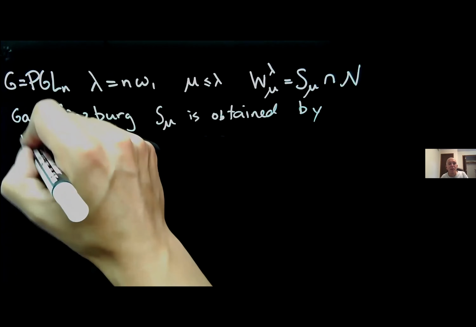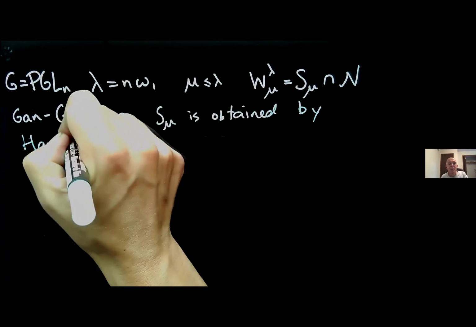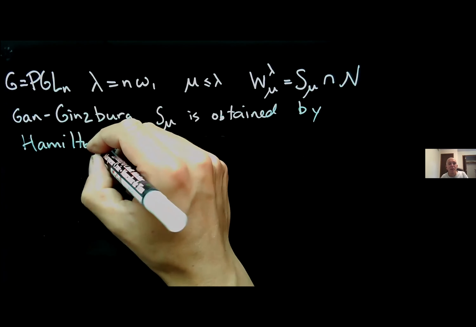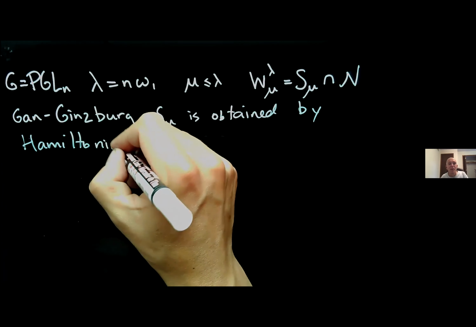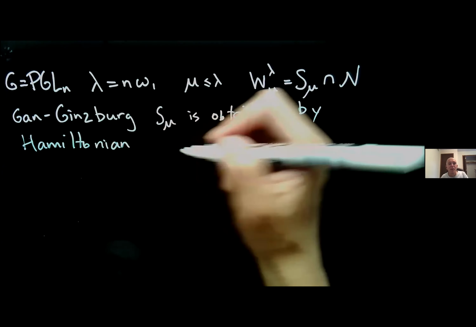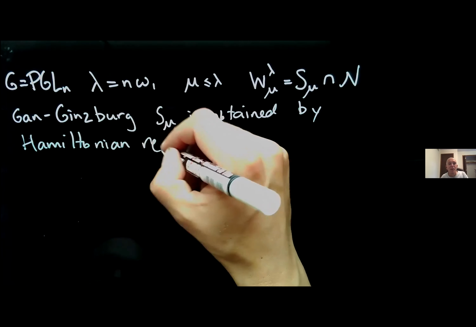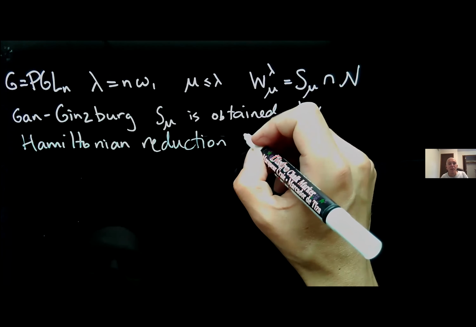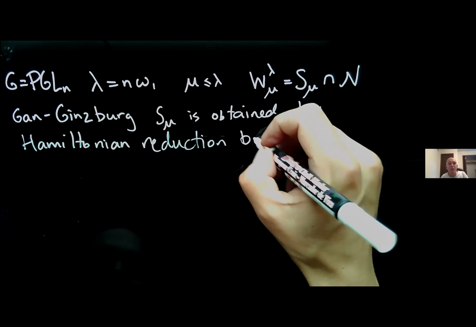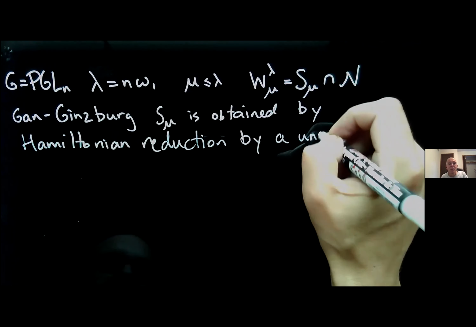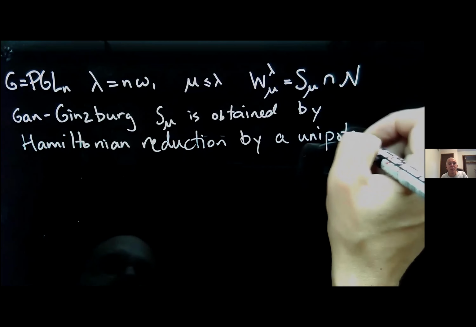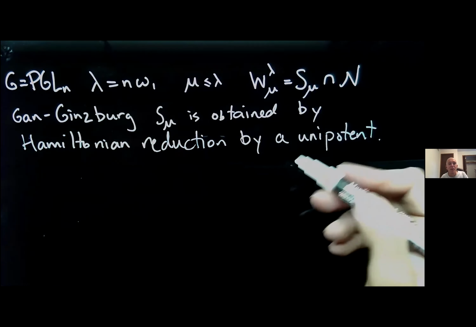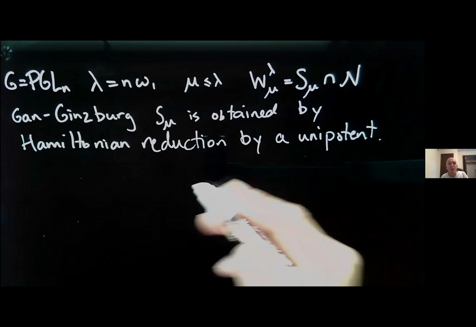Hamiltonian reduction, but not by a reductive group, as with the varieties, but rather by a unipotent group. So this leads to the following inspiration that something like this would be true for W lambda mu, and that's what we'll see now.